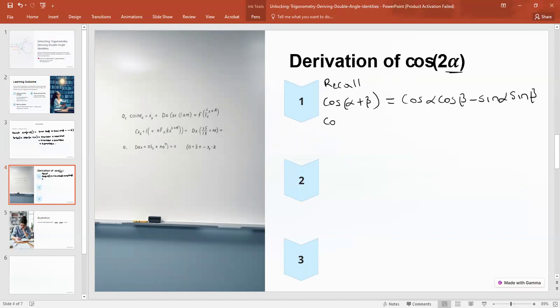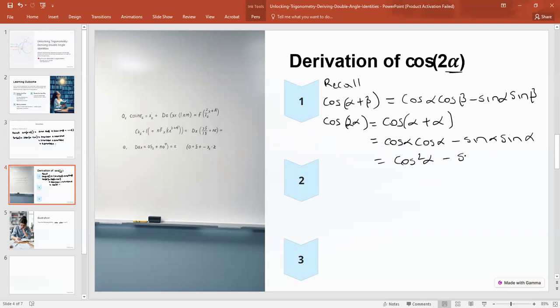Therefore, we can write cos 2 alpha as cos of alpha plus alpha. We now use our previously proven identity to obtain cos alpha times cos alpha minus sine alpha times sine alpha. This boils down to cos squared alpha minus sine squared alpha.